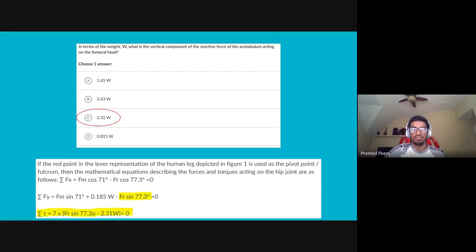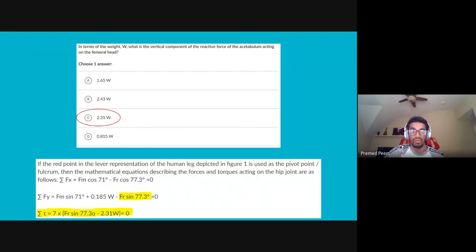So when we have the leg in figure 1, we need to understand that the Fr is the reactive force of the acetabulum on the femoral head. And we can split that reactive force into two components, the horizontal component and the vertical component.